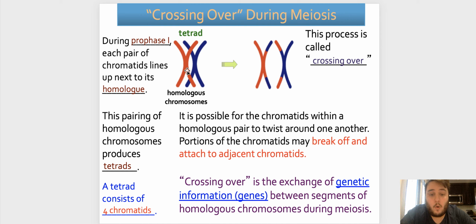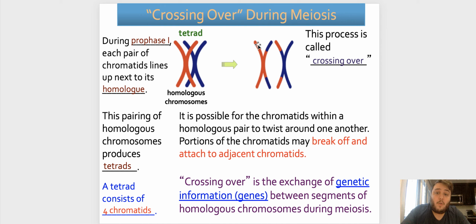Tetrads will cross over. So the whole idea of crossing over, what I need you to understand about it is, I'm not super concerned with you knowing when it happens. I'm more concerned with you knowing why it happens. And the reason that it happens is because this is how we get genetic variability. There is an exchange of DNA, of genes.